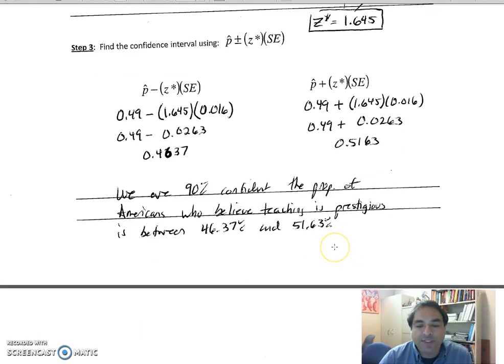So we are 90% confident the proportion of Americans who believe teaching is prestigious is between 46.37% and 51.63%. Remember, we don't know P. We're using P hat to estimate P using that margin of error.